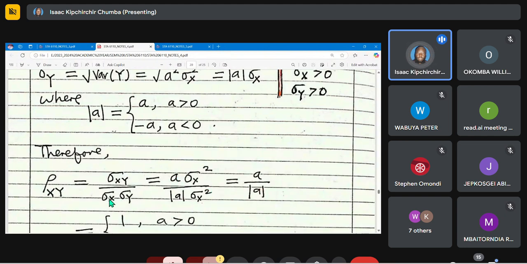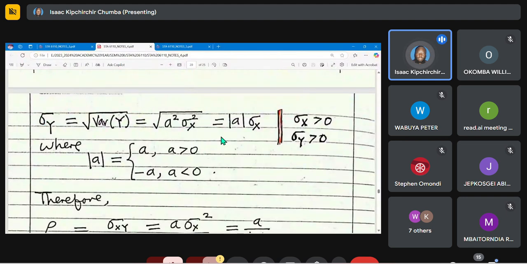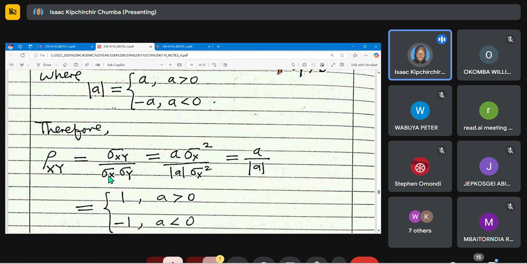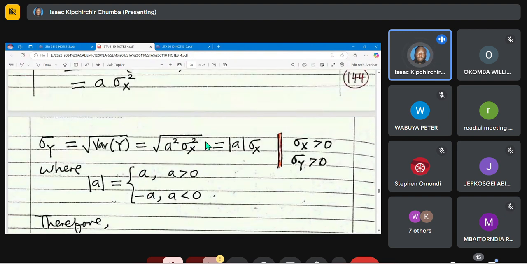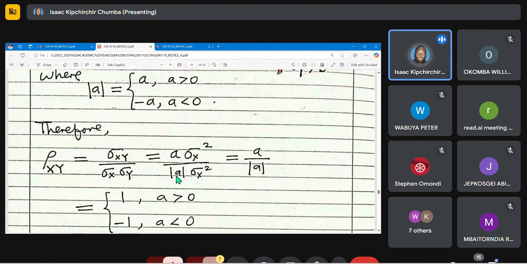Now here we have the standard deviation of x, which is sigma x, times the standard deviation of y, which we have in terms of the standard deviation of x: mod a sigma x. So you have here mod a sigma x squared. Now sigma x squared and sigma x squared cancel. You have correlation actually being a over mod a.